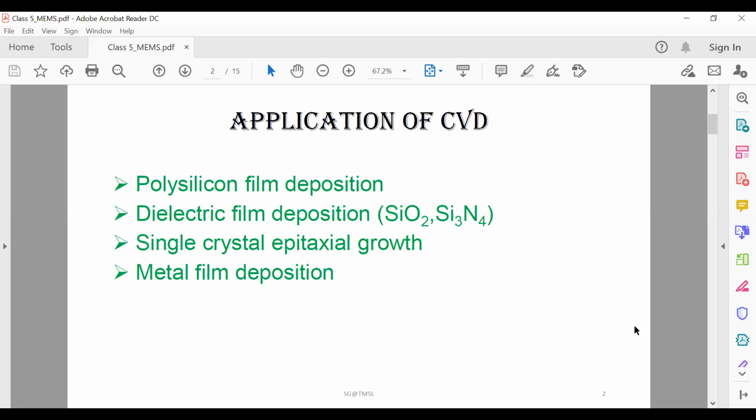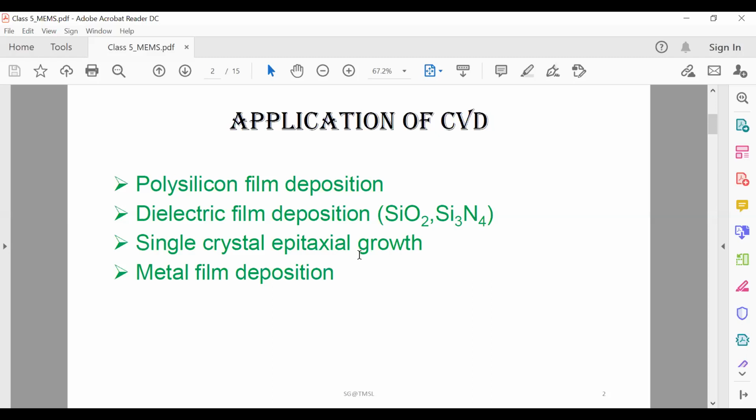Dielectric films like silicon dioxide or silicon nitride you can have, and single crystal epitaxial growth is also a CVD process. Single crystal silicon growth is known as epitaxial formation. Epitaxial means ordered growth, which you can get using the CVD technique.